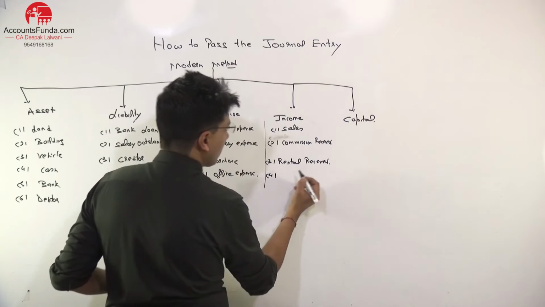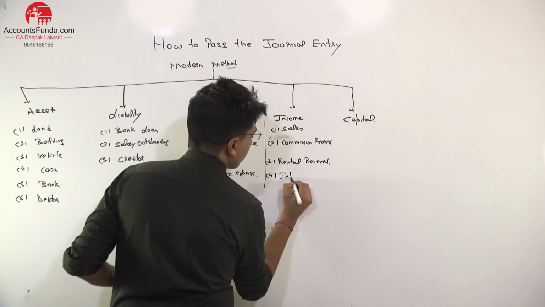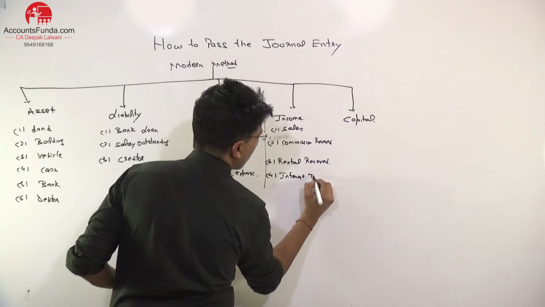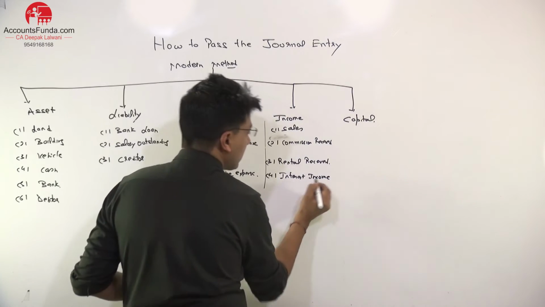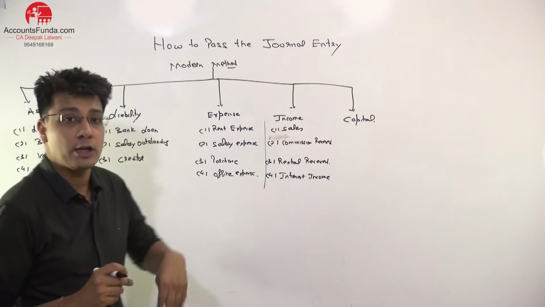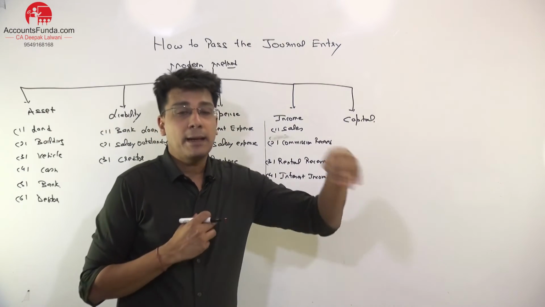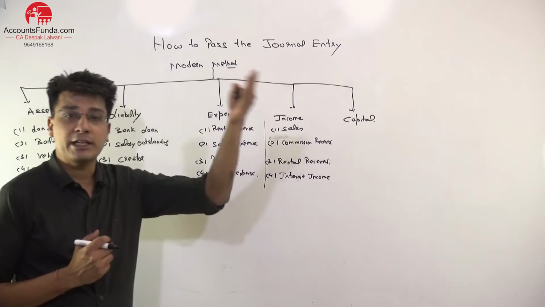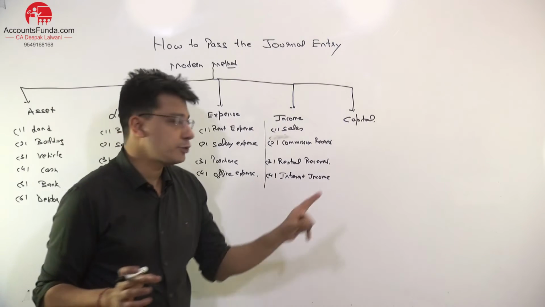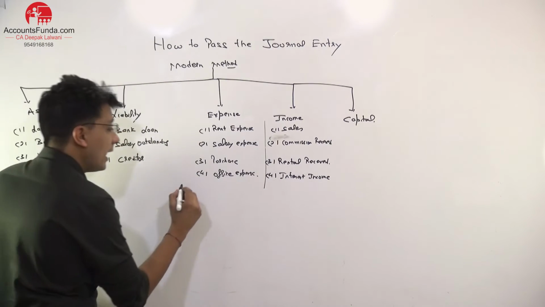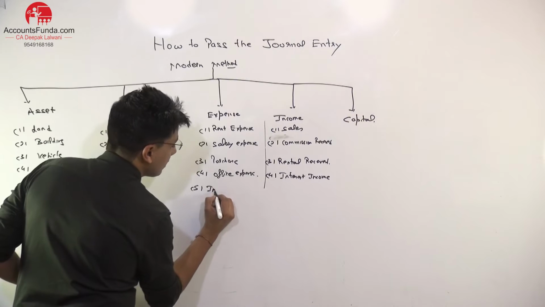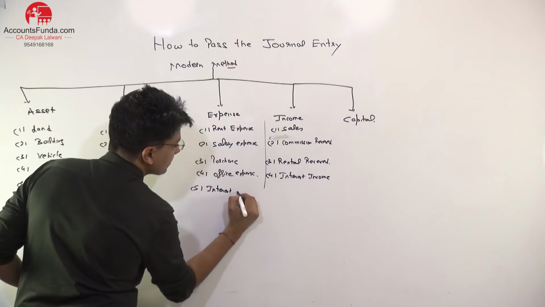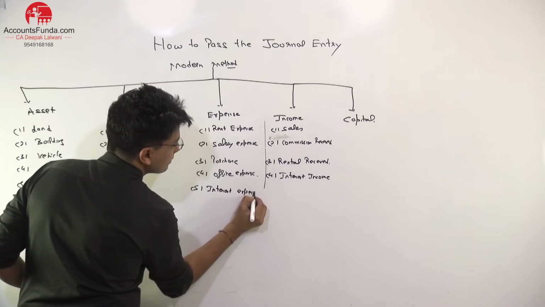Fourth, interest income. How can a company generate income? Suppose the company has given a loan to somebody. By giving a loan, the other person will give the company interest, so the company will generate interest income. And if the company is paying, it will be called interest expense.